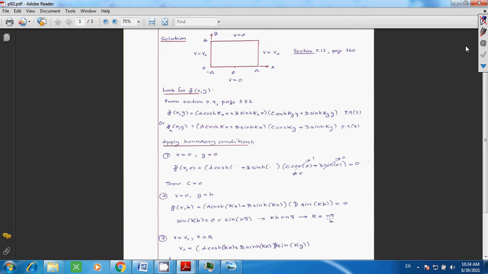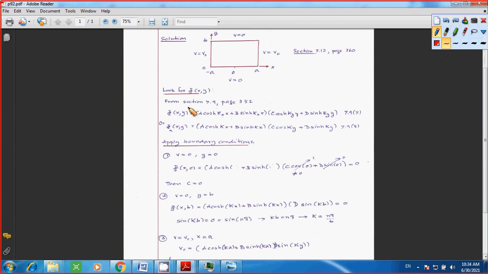Okay, you need to look back in the textbook at section 7.9, page 352. Your phi(x,y) equals these expressions, equation 7.98. What you need to do is apply the boundary conditions and get rid of some terms that you don't need.